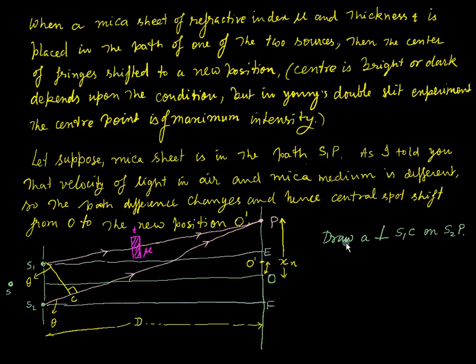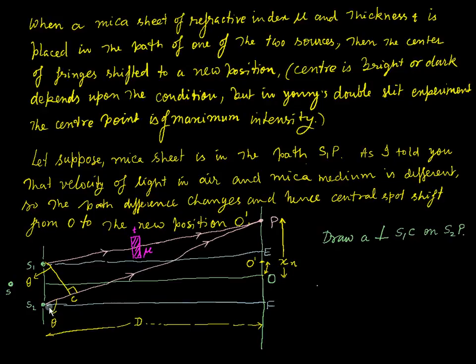For this purpose, first of all we draw a perpendicular S1C from the source S1 on S2P, as you can see here. Then I join the S2 point and this F point.